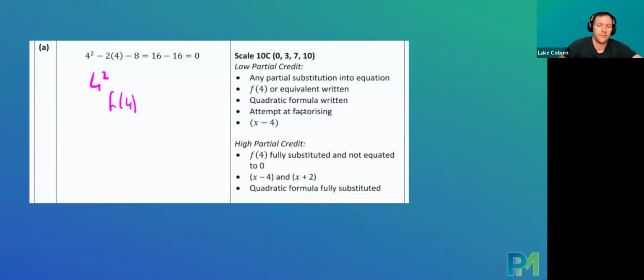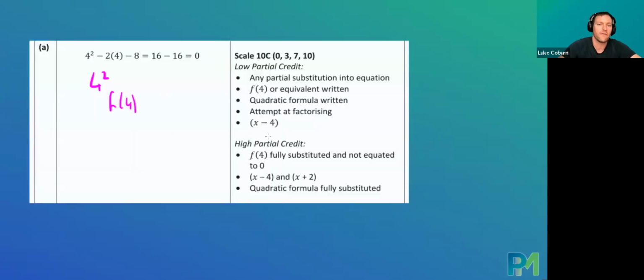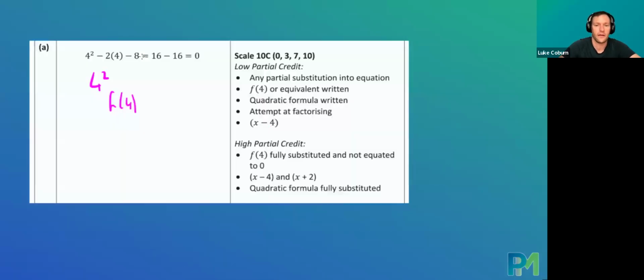If we attempted to factorize it, so if we did a set of brackets and wrote an x and an x, then we'd get something. Or even finding one of the factors, like x minus 4, just writing it down. Well, that must be a factor. Even saying, if x equals 4 is a solution, then x minus 4 is a factor. That's also enough to get that 3 marks out of 10.